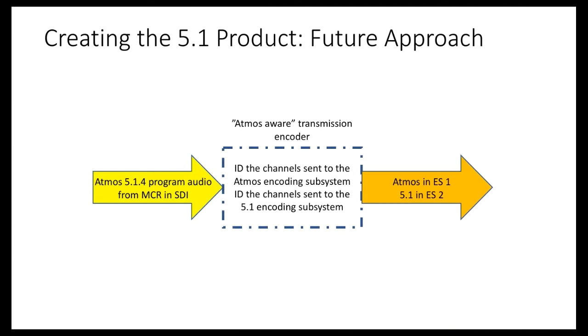This is something that we're currently looking into. It's a future sort of thing, but this is kind of the way that would make things just more automatic for everyone. They start with the Atmos, they feed it into the encoder, everything kind of just happens.